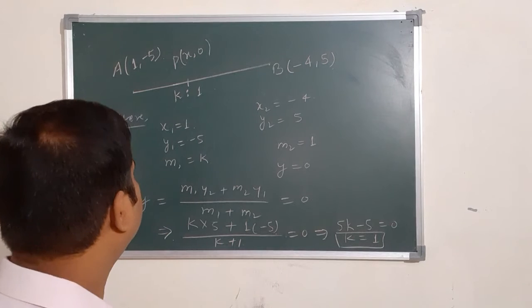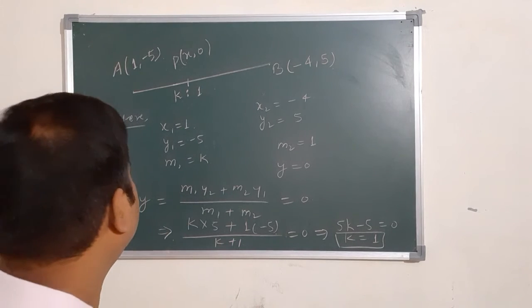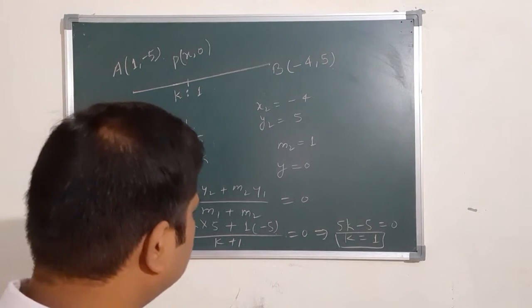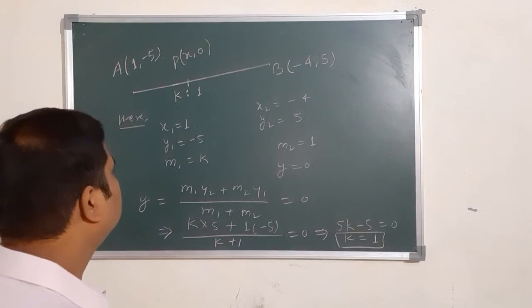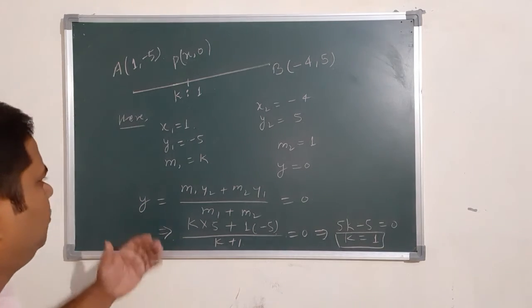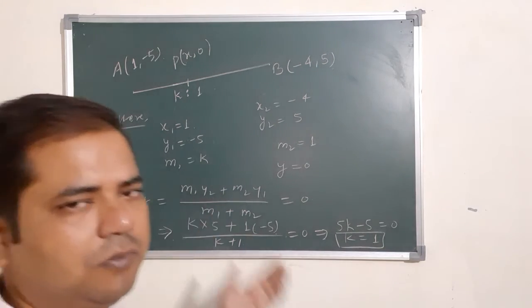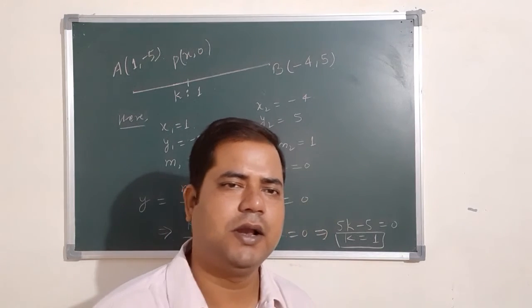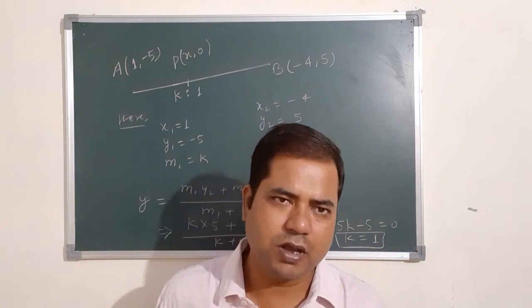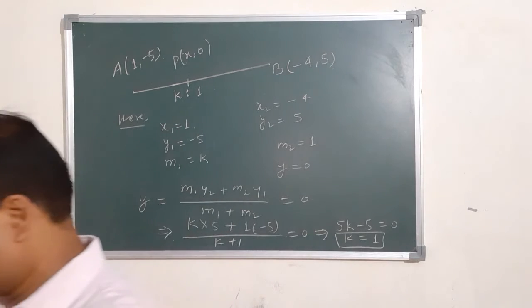Now we need to find the coordinate of the point, that means the value of x. For the value of x, we have to use the formula x is equal to (m1 x2 plus m2 x1) divided by (m1 plus m2). So first of all, you note it down.